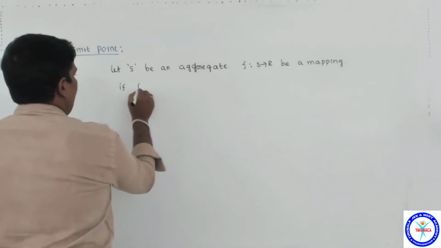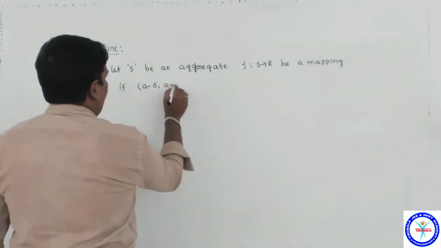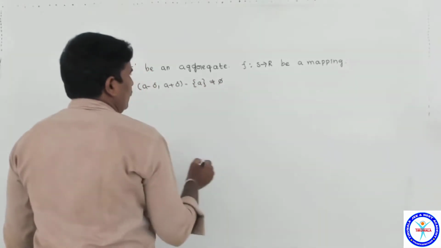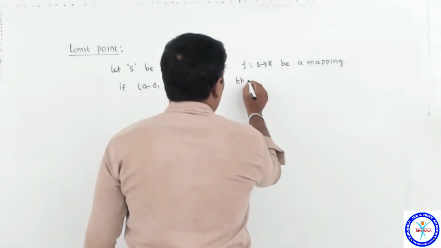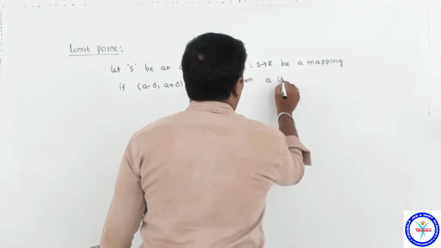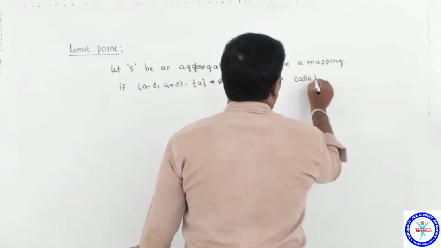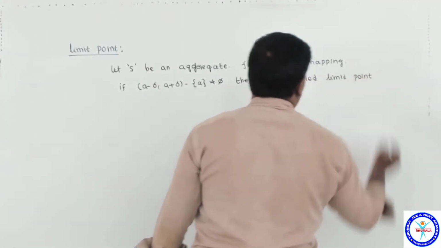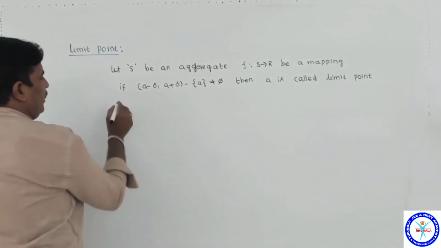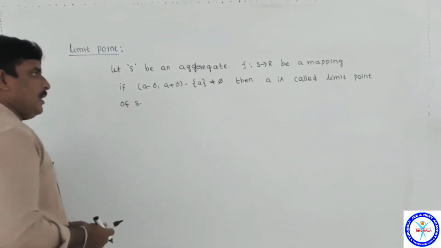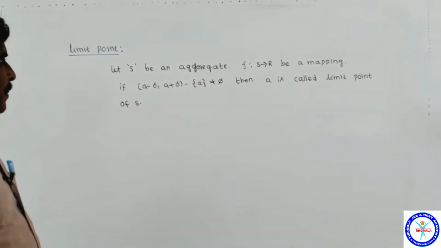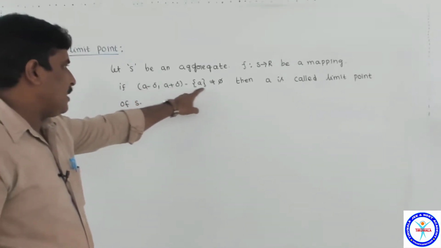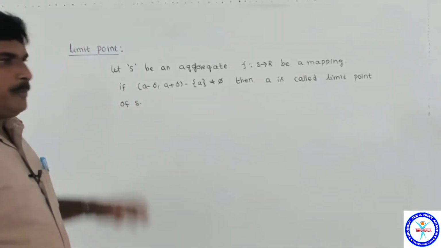If (A minus delta, A plus delta) minus {A} is non-empty, then A is called a limit point of S.